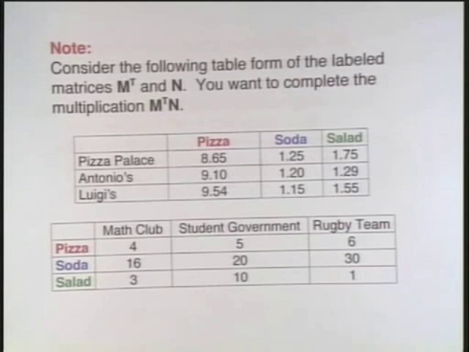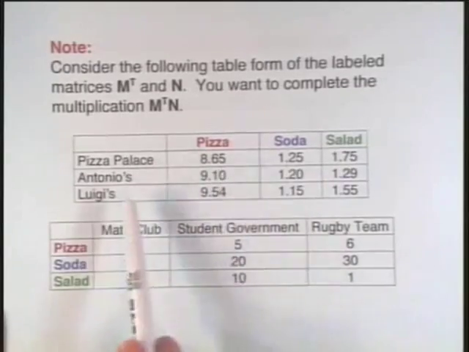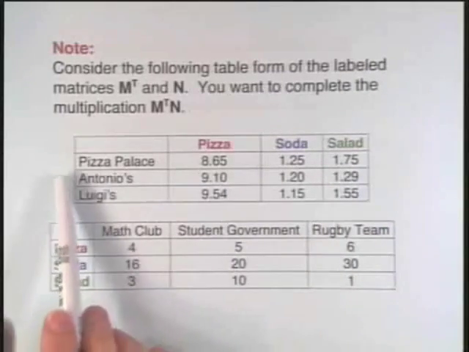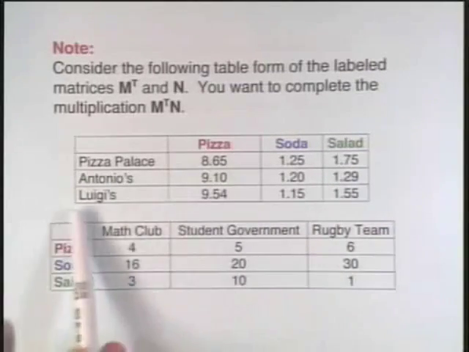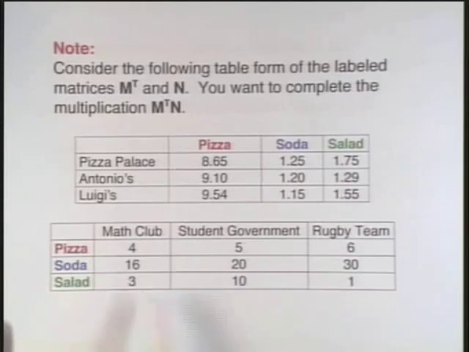Consider the following table form of the labeled matrices M transpose and N. You want to complete the multiplication M transpose times N. For M transpose, we have pizza in the first column, soda, and then salad, and the rows Pizza Palace, Antonio's, and Luigi's. For N, we have Math Club, Student Government, and Rugby Team, pizza, soda, and salad.